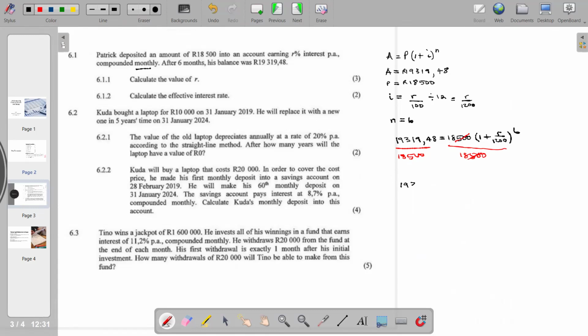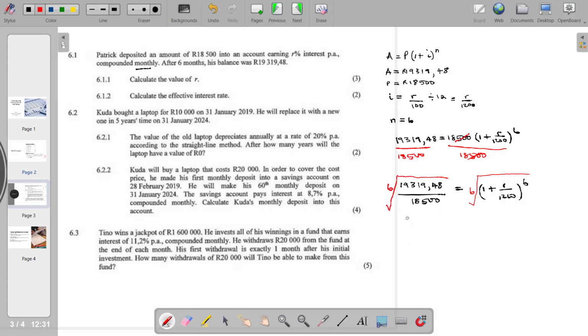19,319.48 divided by 18,500 being equated to 1 plus R divided by 1,200, all to the power 6. So to remove that exponent, we are going to get the sixth root on both sides.